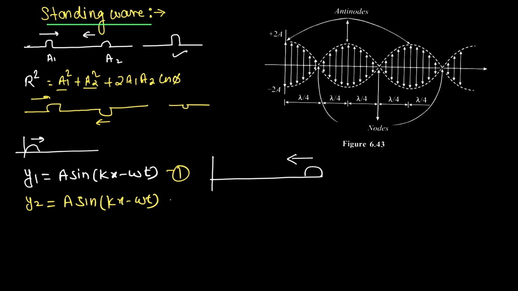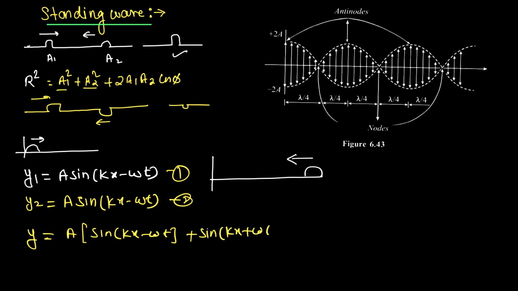Now, if I combine these two equations, interference means combination, addition of these two equations, I can write y is equal to a sine kx minus omega t plus sine kx plus omega t.